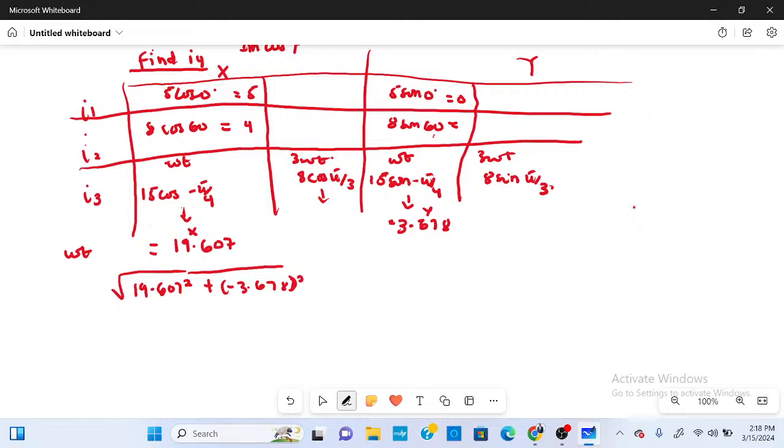Then this is simply going to give me 19.949, right? Then I'll have my angle or the phase difference to be equal to tan inverse of the y part, which is negative 3.678 all over my 19.607, and that is giving me negative 10.62.